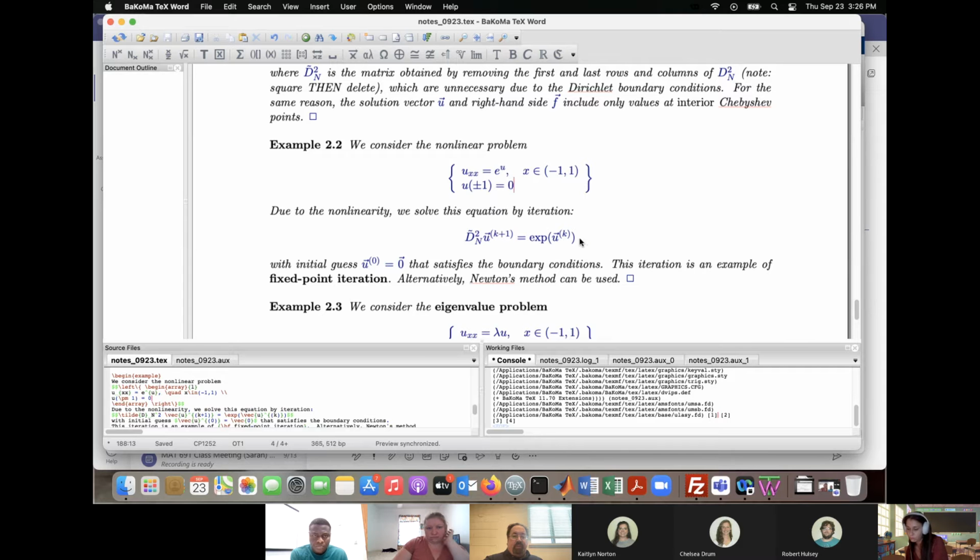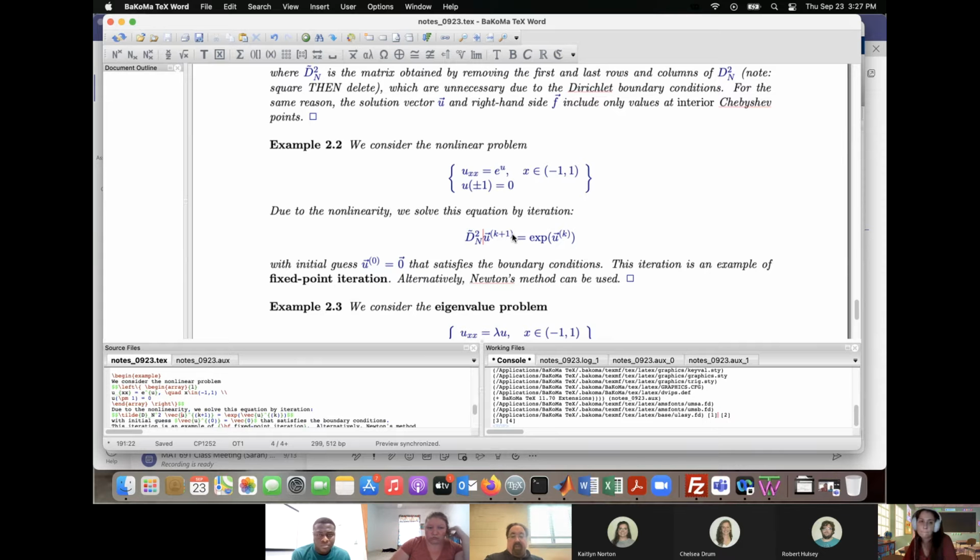So this is like a fixed point iteration in a way. In fact, if I multiplied both sides by the inverse of its matrix, then it would literally be a fixed point iteration. And then hopefully it will converge. Actually, I believe it would converge in this case.